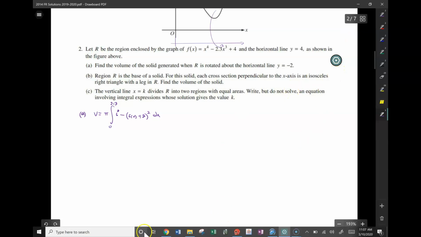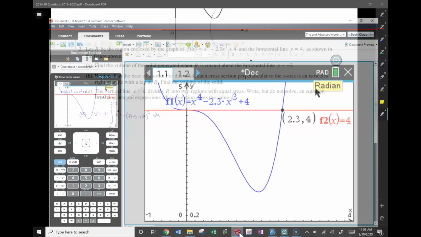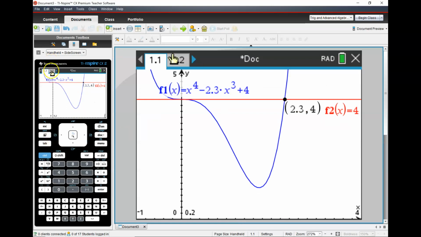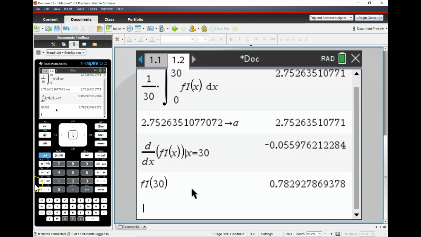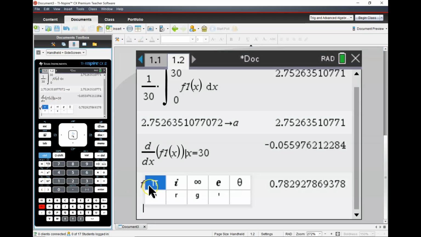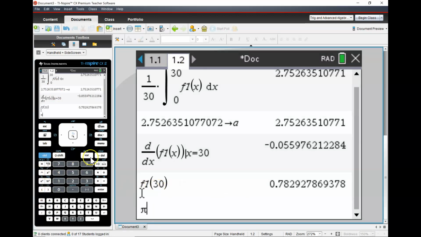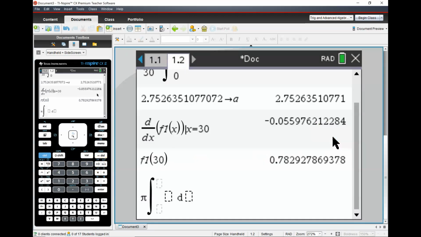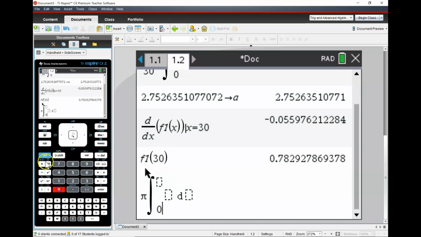So then all you need is this, and then if you go to your calculator, you're just going to do pi, just plug it in, pi integral from 0 to 2.3.